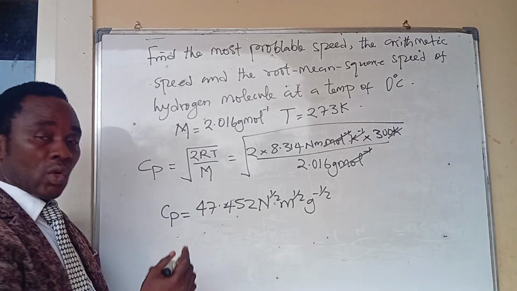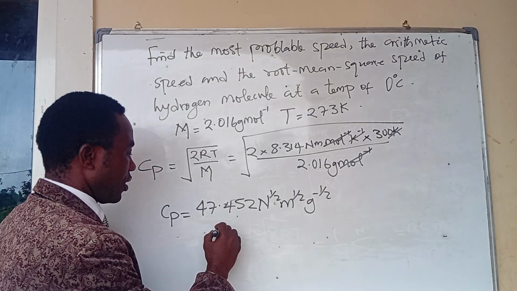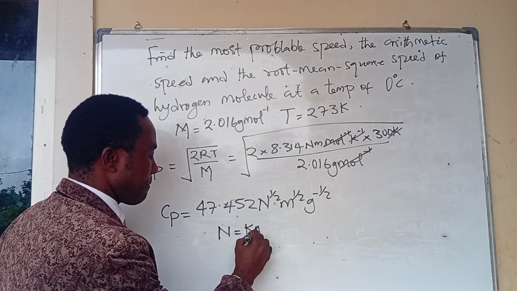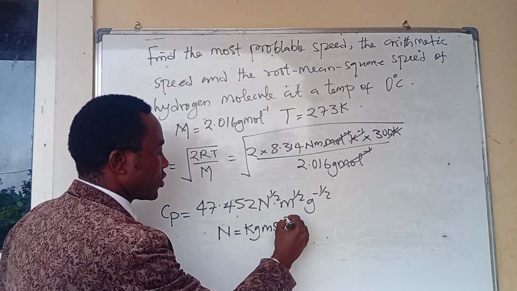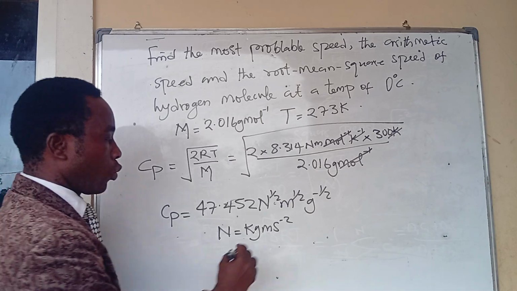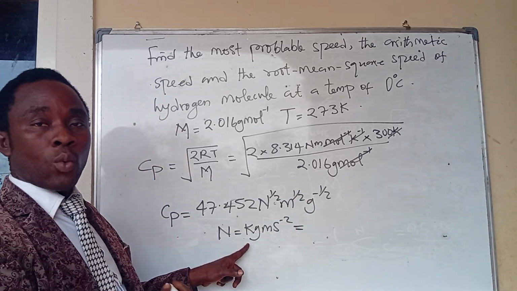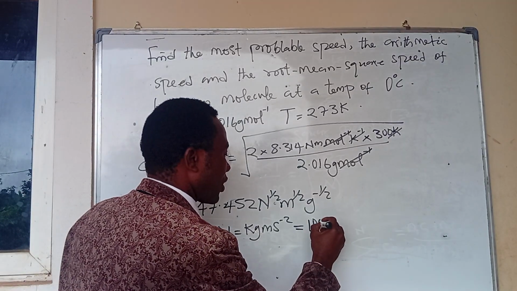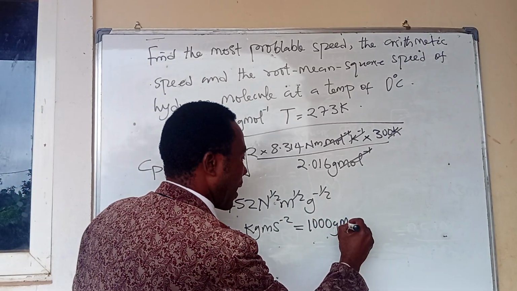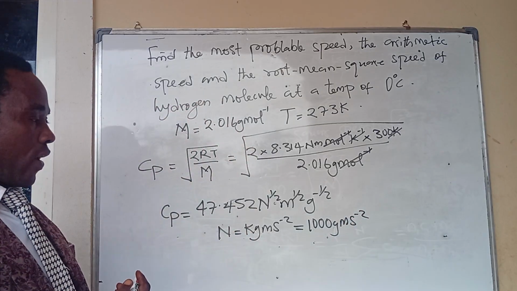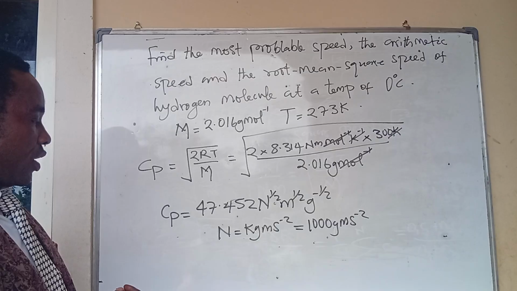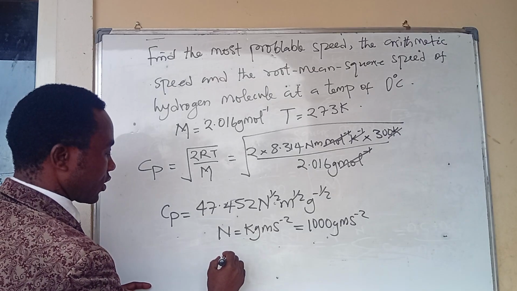But what we must understand is that 1 Newton is equals to kilogram meters per second square, which is the same thing as, kilogram is 1000 gram, that is 1 kilogram, then meter per second square. If that is the case, it simply means that what?